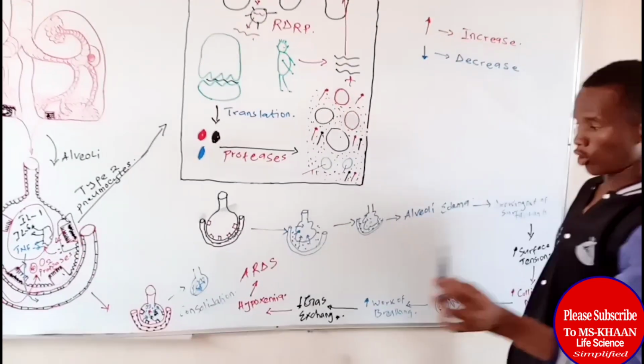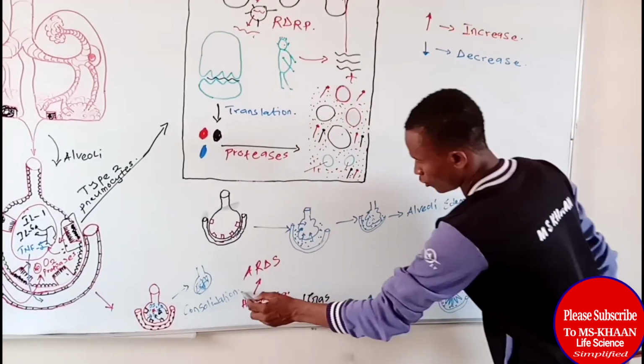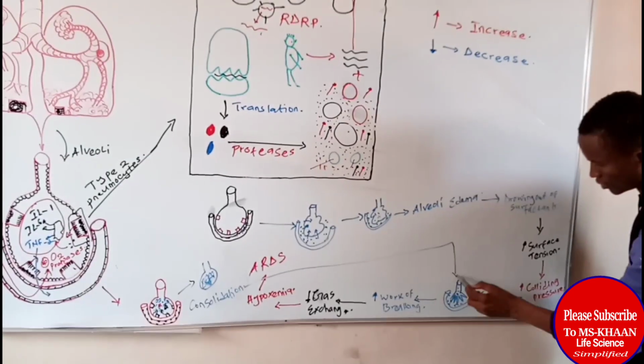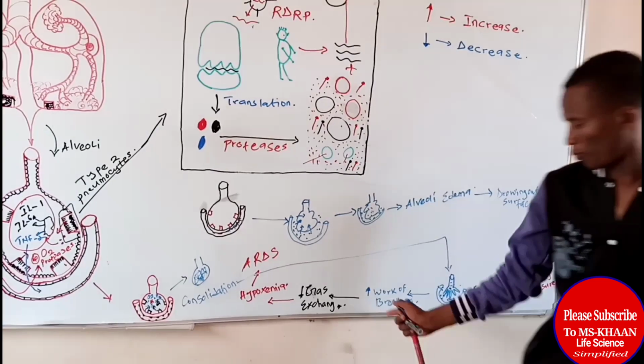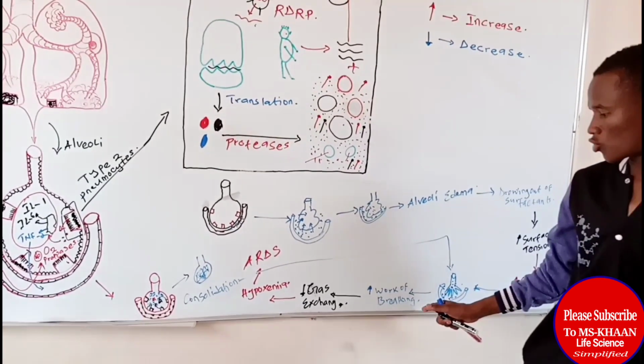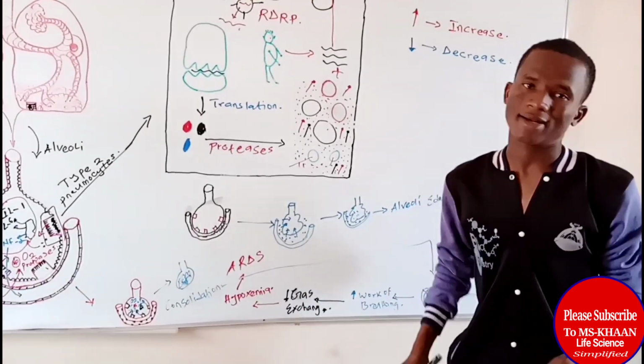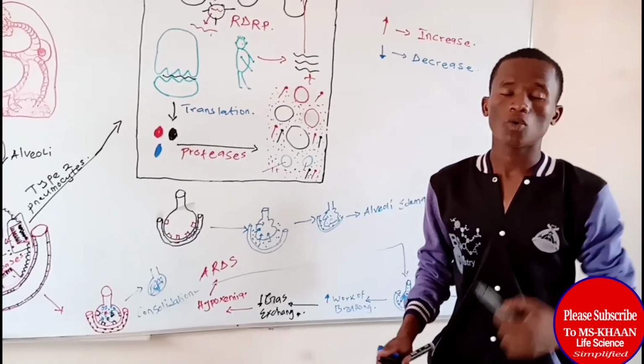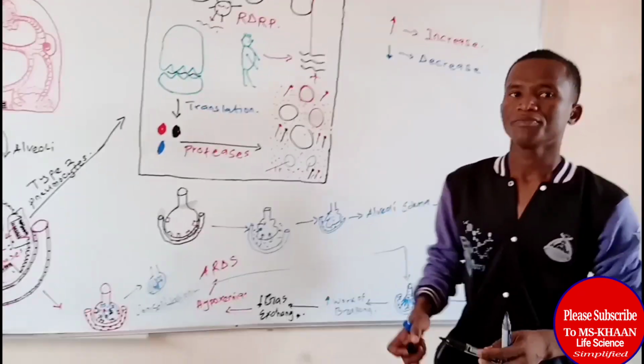This consolidation can ultimately lead to alveolar collapse, which can progress to increased work of breathing and up to ARDS. That's what happens when the body tries to fight this virus.